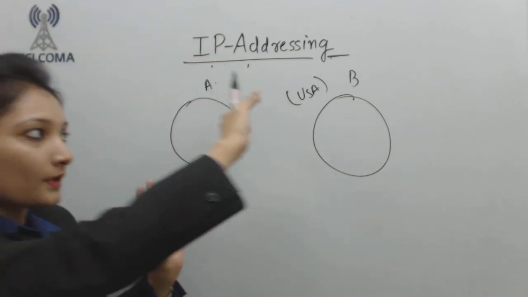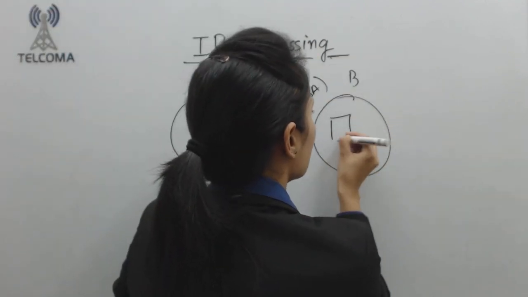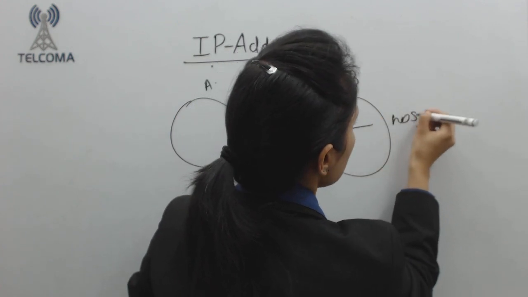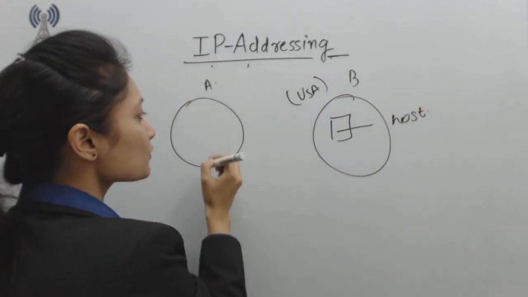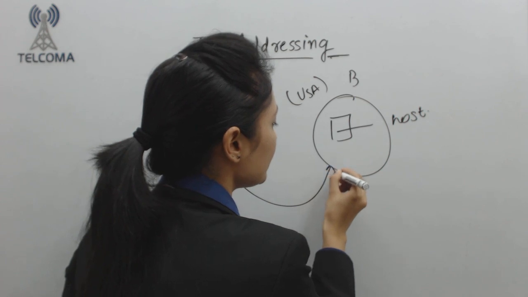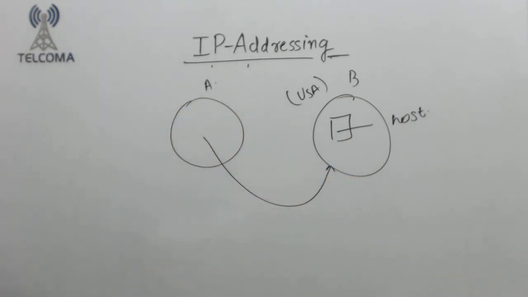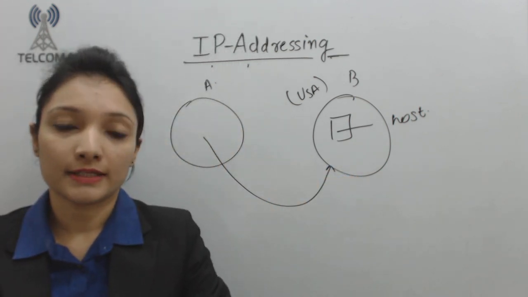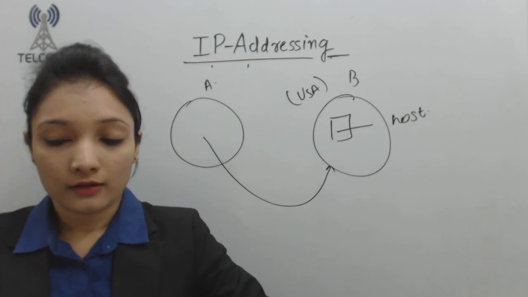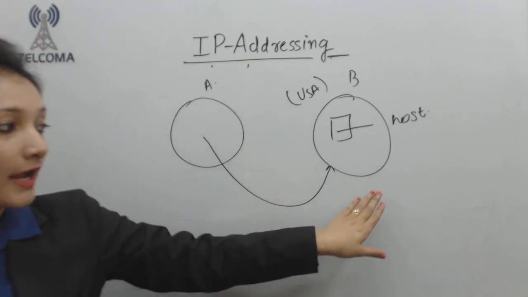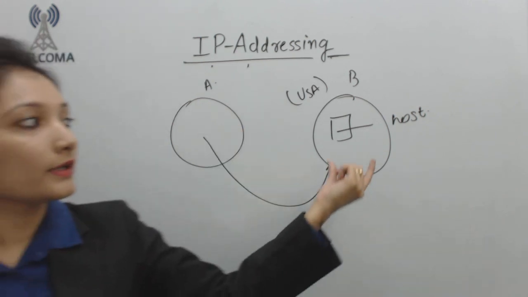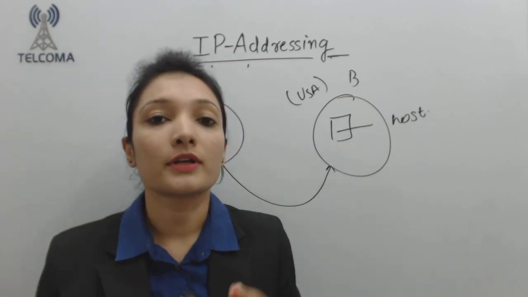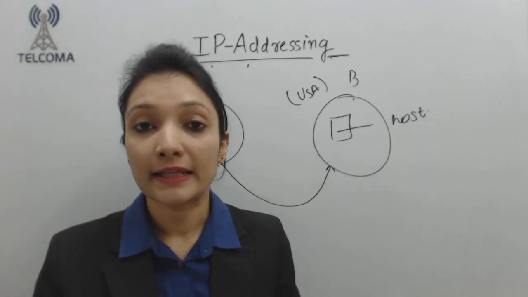Now this is a system and this is the host. First of all, I need to access that network. That means first I should identify the network, and only after that can I identify the particular host over there.